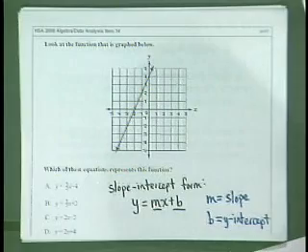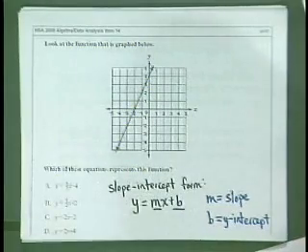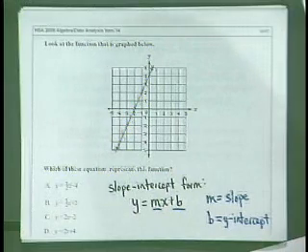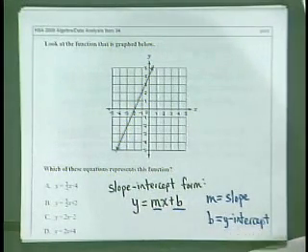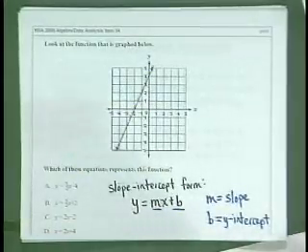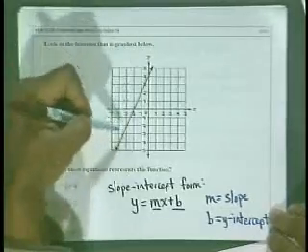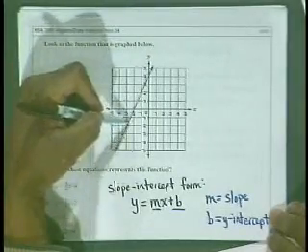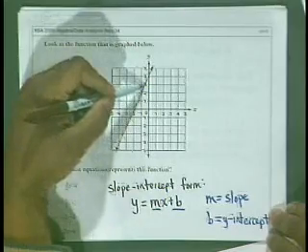So now that we know what our m and our b represent, let's see if we can find those in our problem. First, let's try to identify our b, or our y-intercept. Remember, we just said that our y-intercept is the place where the graph crosses the y-axis. So let's see where our graph crosses the y-axis. If I take a look at my graph here, I can see that if we start from left to right and we go all the way up, we're going up, we're rising, we're rising, we're rising.